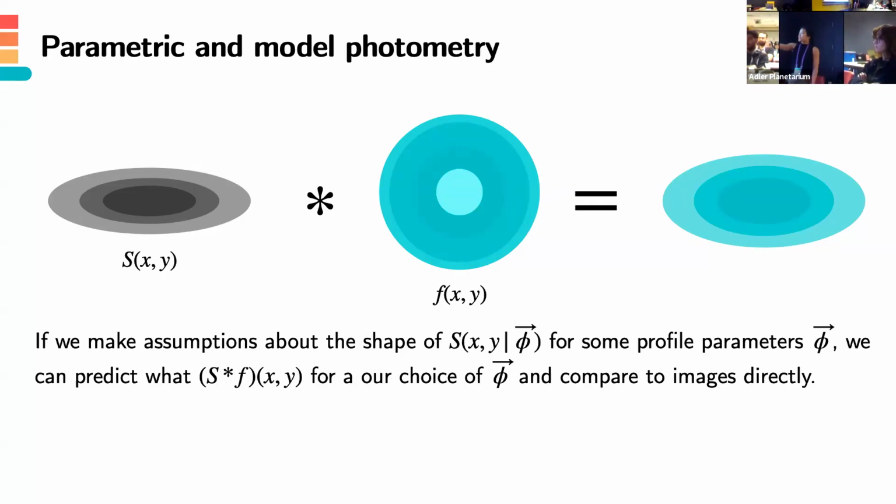If we make assumptions about the shape of our intrinsic surface brightness profile, let's now call this S of xy given some parameters phi. For some profile parameters phi, we can predict what that convolution should be. So this is the convolution between our intrinsic profile and our PSF for our choice of parameters phi, and then we can compare that to the images directly.